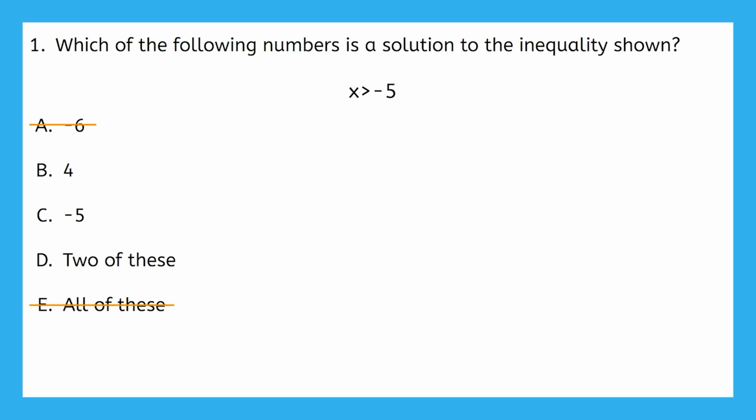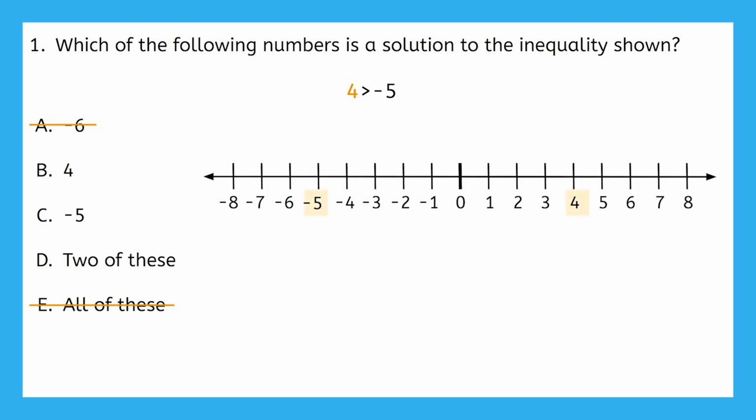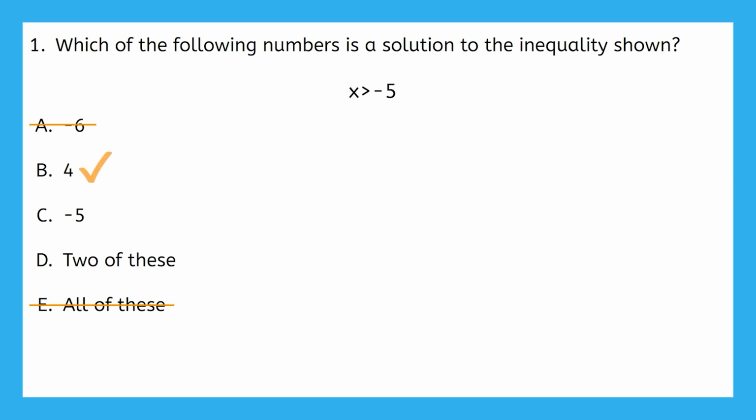Let's move on to answer choice B. Is 4 greater than -5? 4 is to the right of -5 on a number line, so yes, 4 is greater than -5. We'll need to check answer choice C as well, just in case it's actually 2 of these. So is -5 greater than -5?